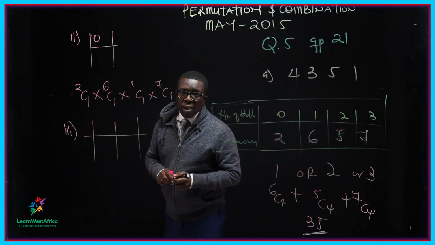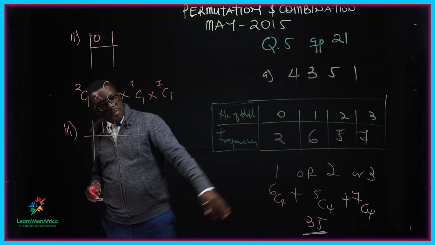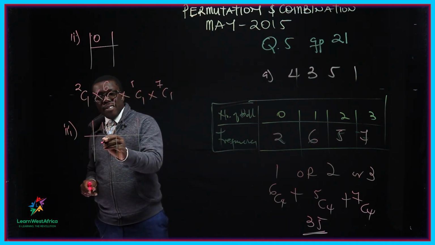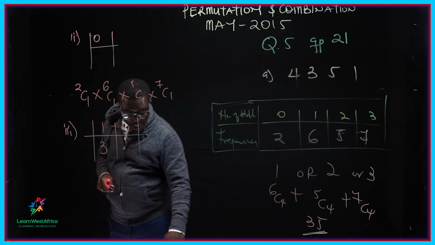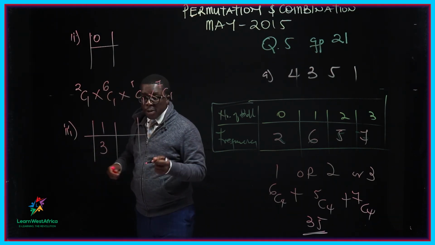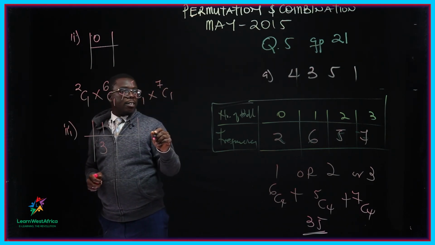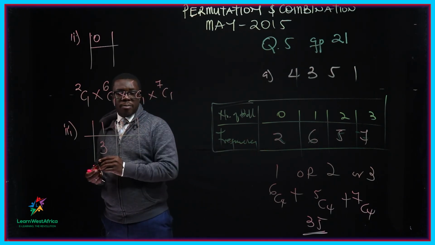So what we can do is that the ball that is labeled 1 here, we can select 3 out of it, okay? Then, what else? You can also select one of the balls here, the 0.